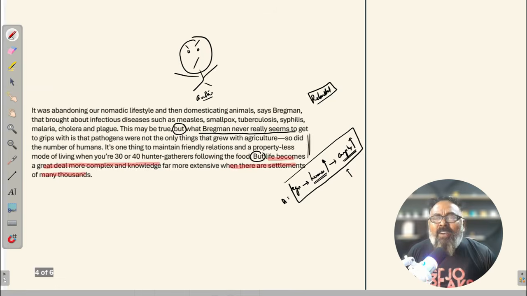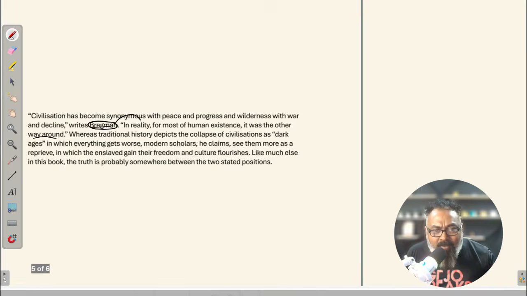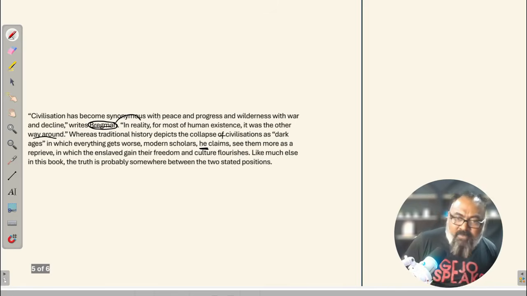See, out of these 500 words, how much repetition of ideas exists? In reality, whereas traditional history depicts the collapse of civilization as dark ages in which everything goes wrong, modern scholars, he claims, see them more as a reprieve in which the enslaved gain their freedom and culture flourishes.